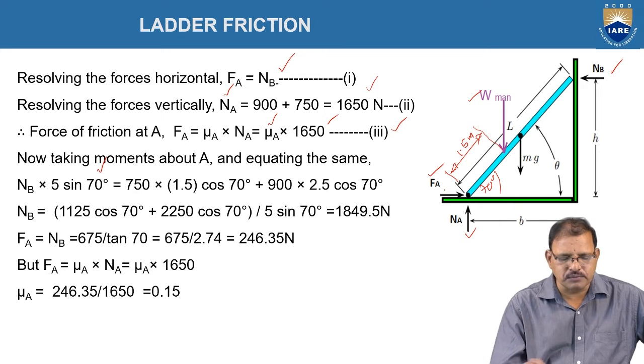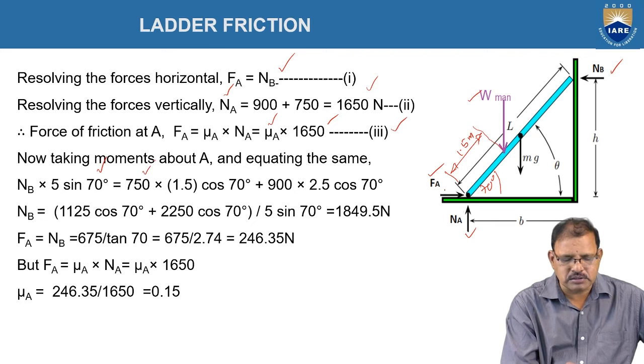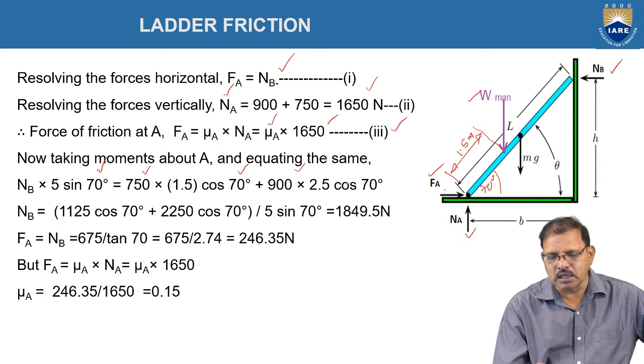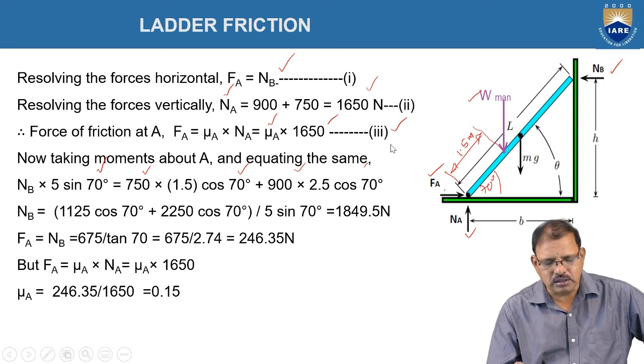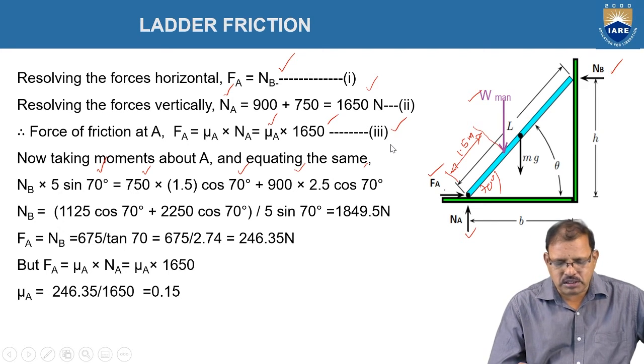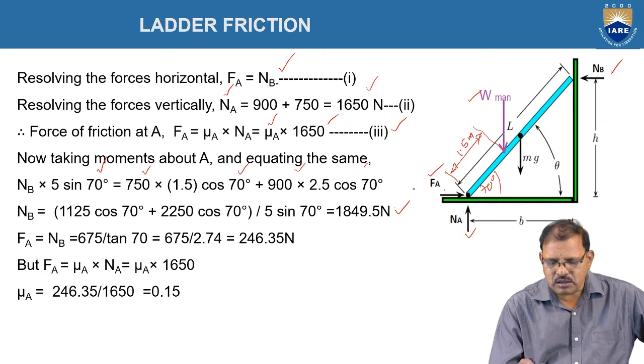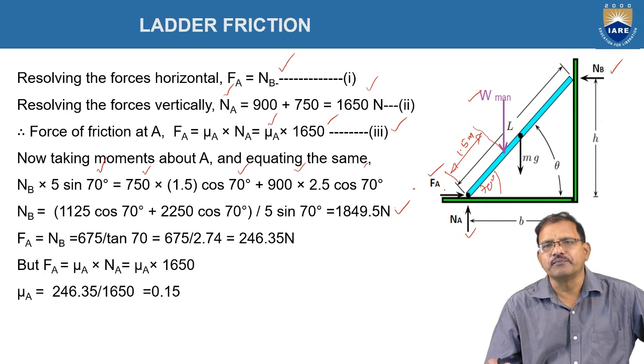It should be equal to 750, the weight of the person, into 1.5 into cos 70, plus 900, the weight of the ladder, into 2.5, acting in the middle, into cos 70 degrees. From this relationship we got Nb is equal to 1849.25 newtons, as shown in the slide.